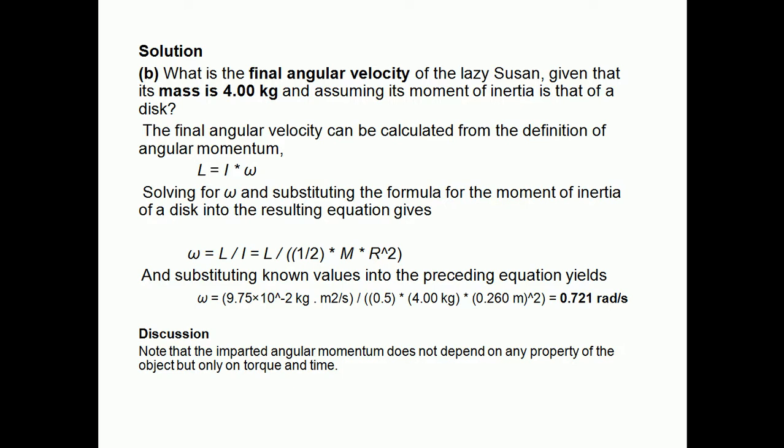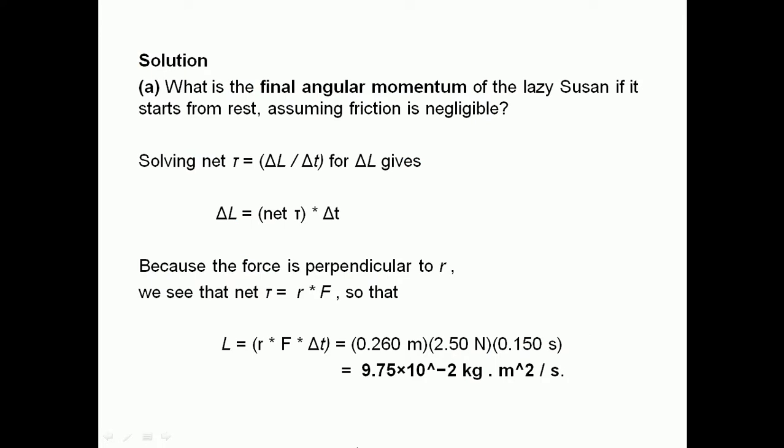We put the values in this equation and we came up with 0.721 radians per second as the angular velocity. You can see over here that the value of L we already calculated in the last one: 9.75 times 10 to the power minus 2 kilogram meter square per second.